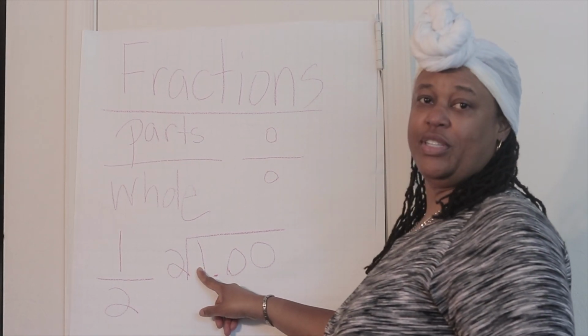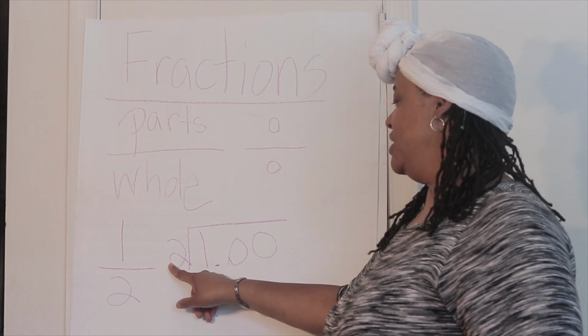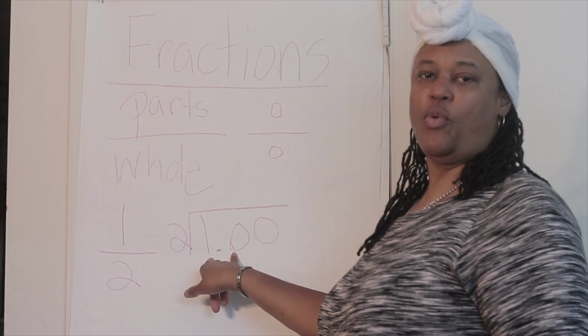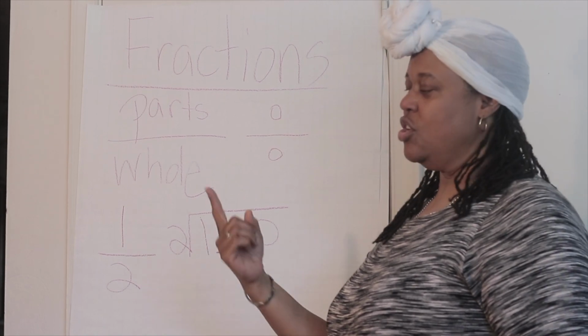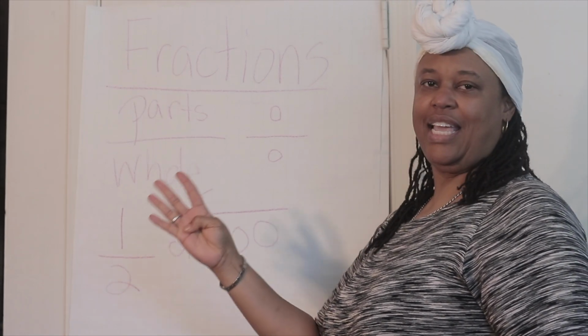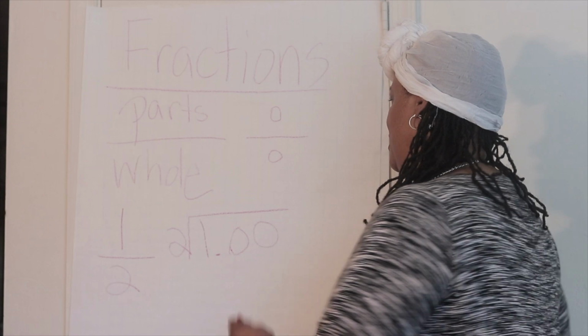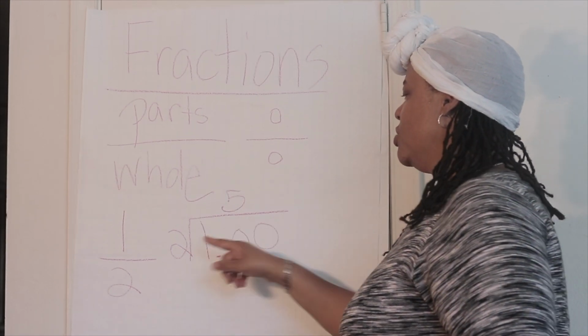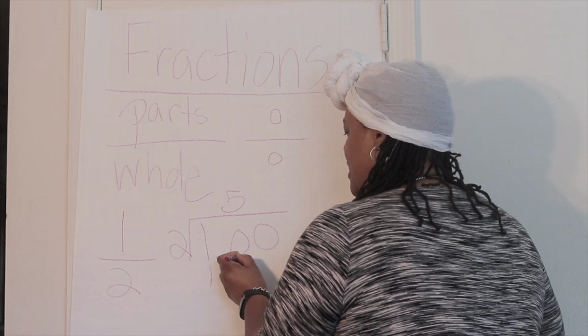Since 2 can't go into 1, we have to divide 2 into 10. How many times does 2 go into 10? Let's count by 2's. 2, 4, 6, 8, 10. 5 times. Multiply 2 times 5 and we get 10.